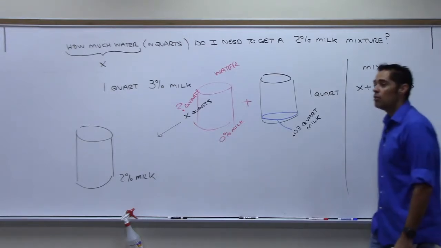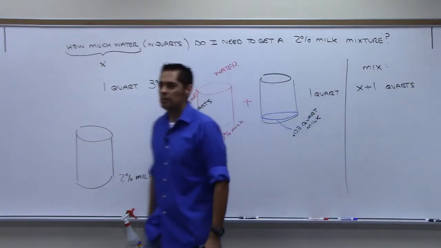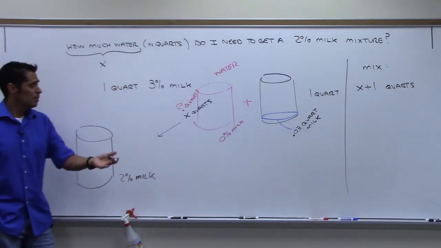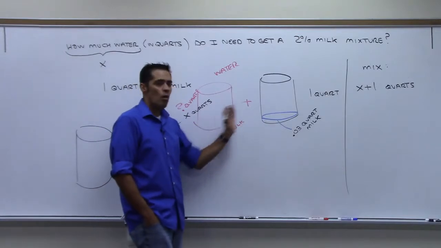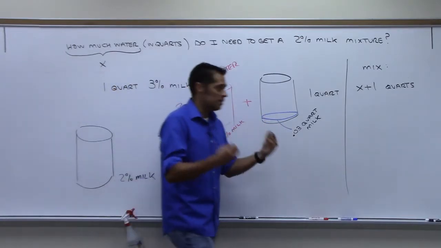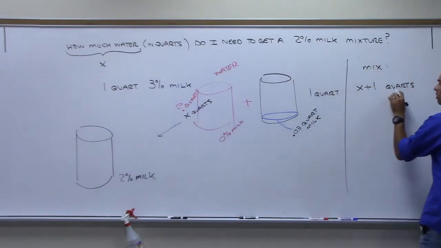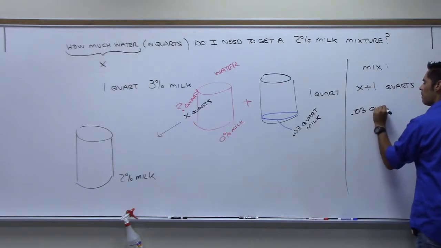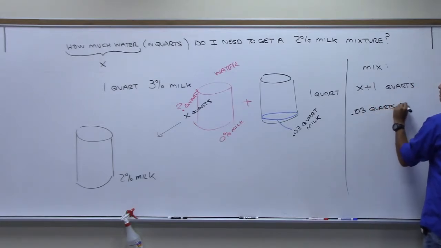How much milk will be in there? 0.03. You can't, look, you're adding water to this, right? You can't make more milk appear. So you are fixed. You've got a mixture, it's X plus 1 quarts, and it's 0.03 quarts of milk.